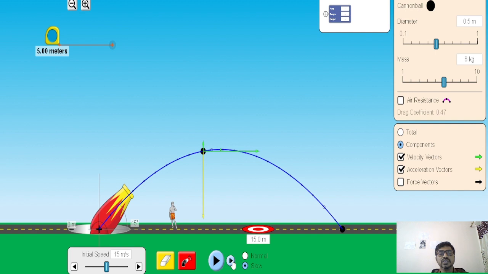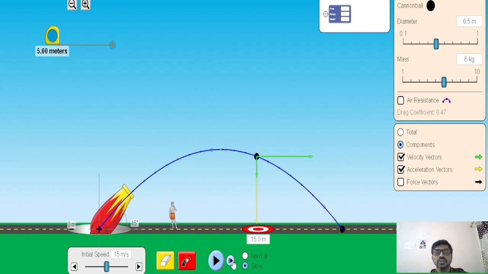Vertical component is decreasing because it's opposite to acceleration, but there is no change in horizontal velocity because there is no horizontal acceleration. No horizontal acceleration meaning no change in horizontal velocity. But there is acceleration vertically, so velocity is decreasing because velocity is opposite to acceleration until it reaches the highest point. At the highest point, vertical velocity becomes 0.